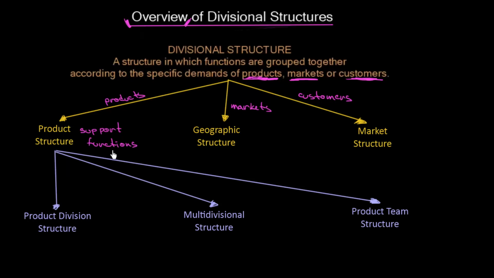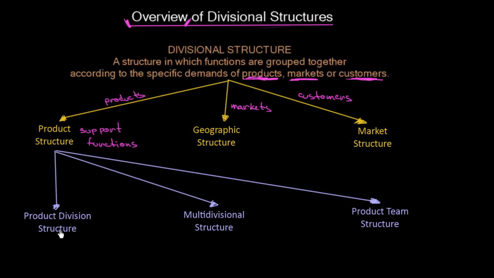Those are functions that are not directly creating revenue or value for your customers. They are just supporting other functions. So, for instance, the marketing department is supporting the sales department. The sales department is the one that is bringing cash into your company, and the marketing department is just supporting it. That's why they are called support functions.